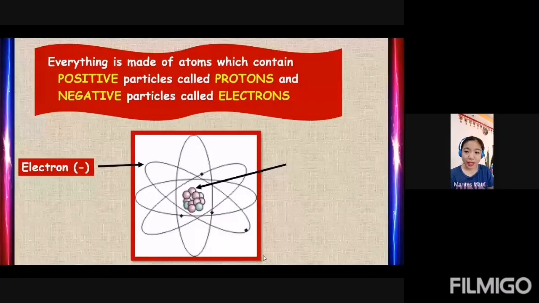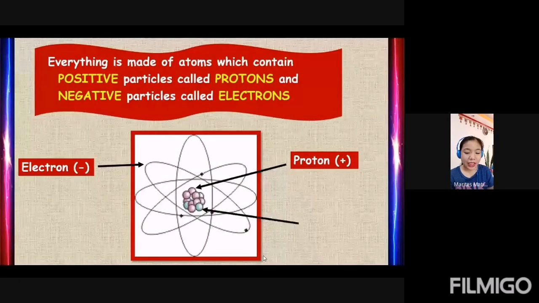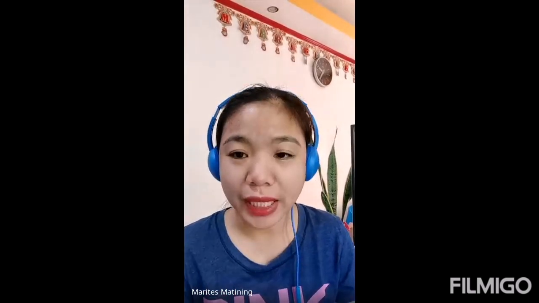Then, inside, at the center, we have the proton and the neutron. So, at the center of the atom, we have the proton and neutron.